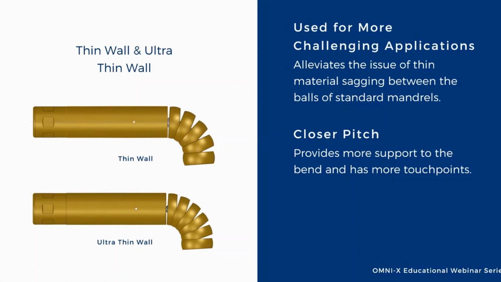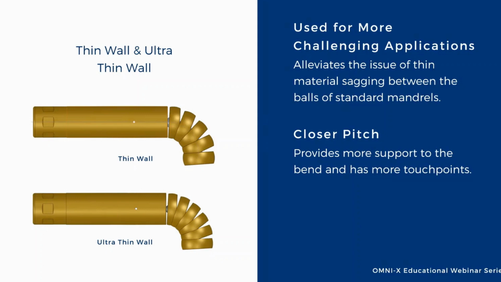styles, they use two different types of balls. The ball next to the shank is called the end ball. The balls added on after the end ball are called center balls. The thin wall mandrel, sometimes called the closed pitch, has a link size that's one size smaller than a standard pitch mandrel, and the ultra thin wall mandrel, sometimes called an ultra closed pitch, has a link two sizes smaller than the standard pitch mandrel.